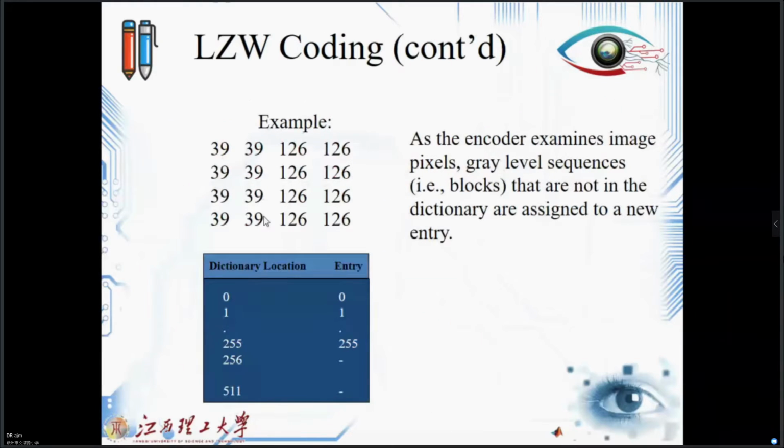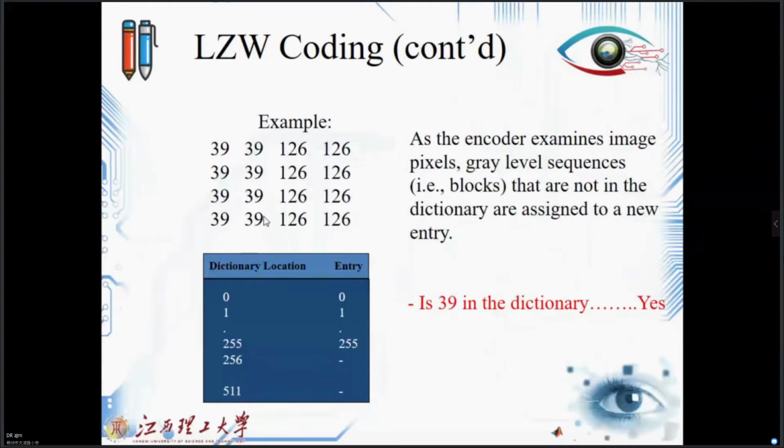Then, as the encoder examines the image pixel gray level sequence, blocks that are not in the dictionary are assigned to a new entry. We have an example, as you will see here: 39 39 126 126, like that, as the matrix I showed here.